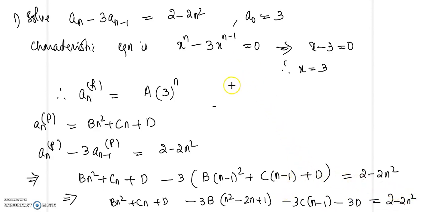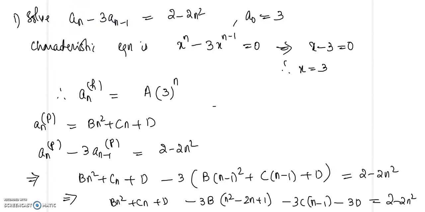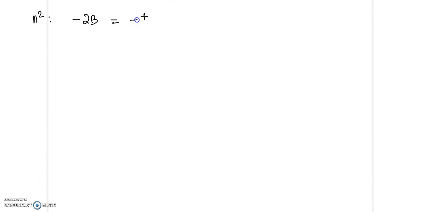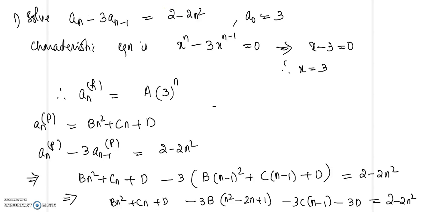So let us compare the coefficients now. Take the coefficient of n squared: minus 2b will be equal to minus 2, so b is equal to 1. Next, let us take the coefficient of n.